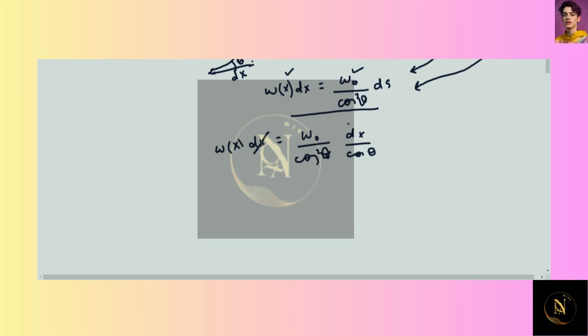So dx is cancelled. So this becomes Wx equal to W naught over cos cube theta.